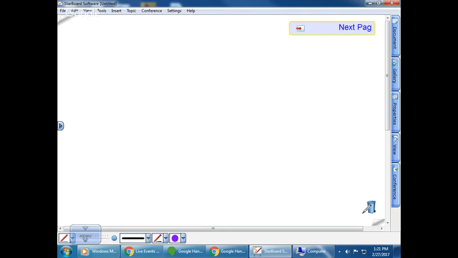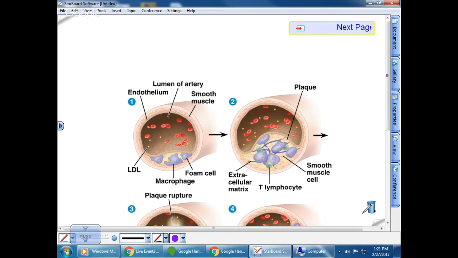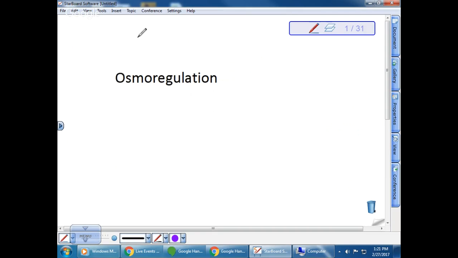We talked about atherosclerosis. So we're going to move on to the next chapter, which is osmoregulation. We'll start this today and then we'll finish it on Wednesday. This also relates to osmotic pressure. Osmo means solute concentrations.